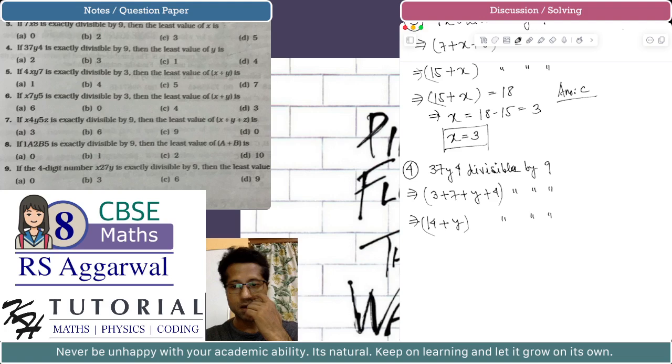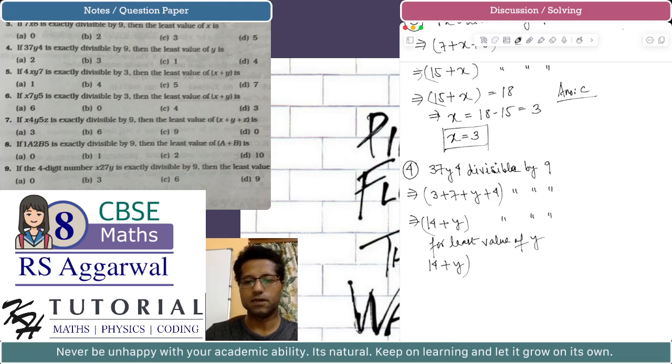Now we must find the least value of y. For the least value of y, the next number greater than 14 which is divisible by 9 is 18.